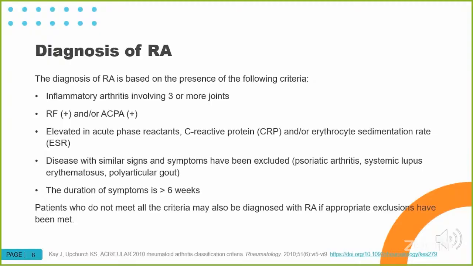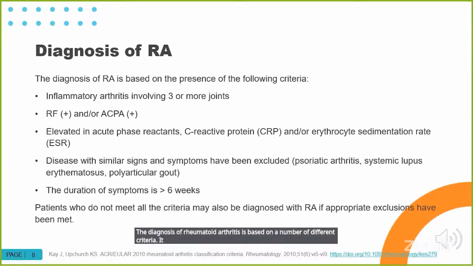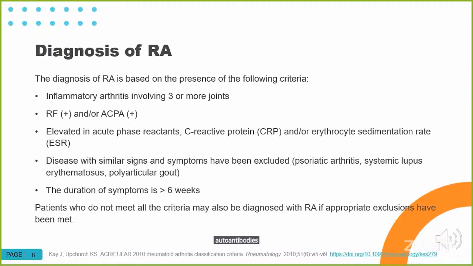The diagnosis of rheumatoid arthritis is based on a number of different criteria. It requires the clinician to take an adequate and thorough history of the patient's symptoms, as well as do some lab work to check if the patient has developed autoantibodies and whether they have the presence of inflammatory markers.